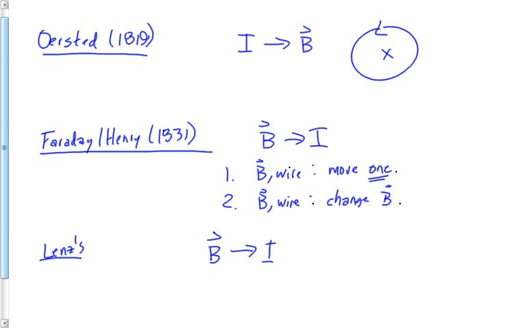That's Faraday's discovery, the Faraday-Henry discovery in 1831. Nothing new there. If you move a magnet or you move the conductor, you're going to generate an electric current in the conductor. Now, if we take a step back here, that electric current that's generated by the magnetic field will produce a magnetic field. So it's kind of like Faraday and Henry, magnetic field produces a current, and then it's kind of like Ørsted, current produces a magnetic field.